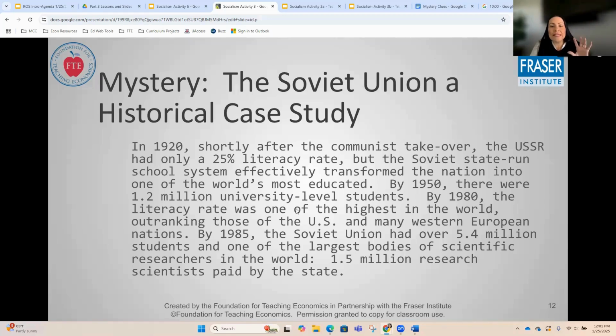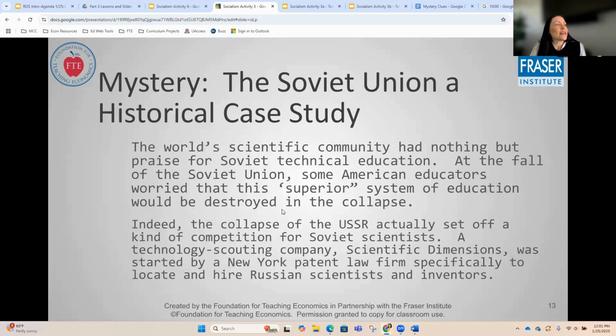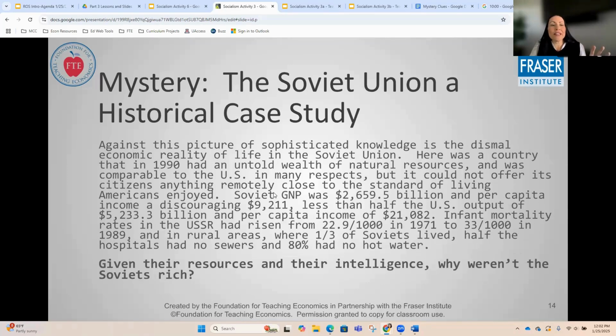They devoted a significant amount of their GDP to scientific research. Yet at the same time, their standard of living was like half that of the United States. And half the hospitals had no sewers, and 80% had no hot water. And so the mystery is, given their resources and their intelligence, why weren't the Soviets rich?